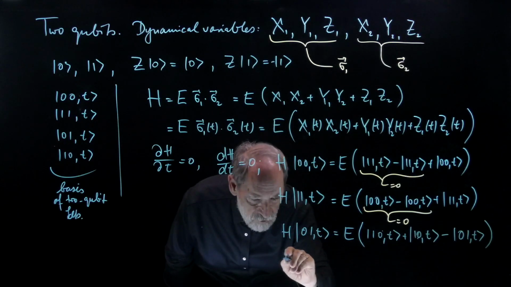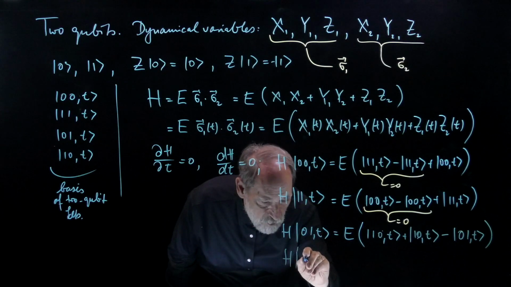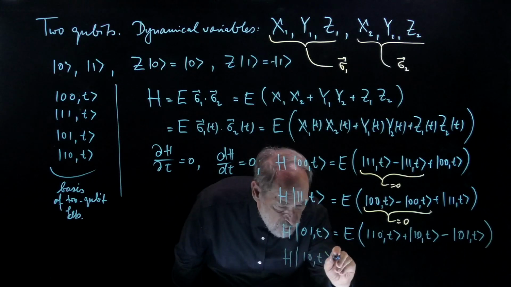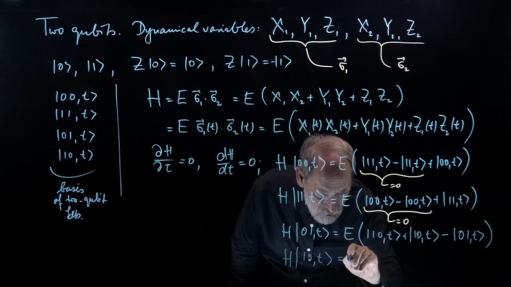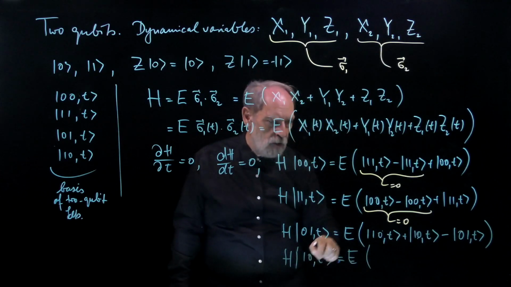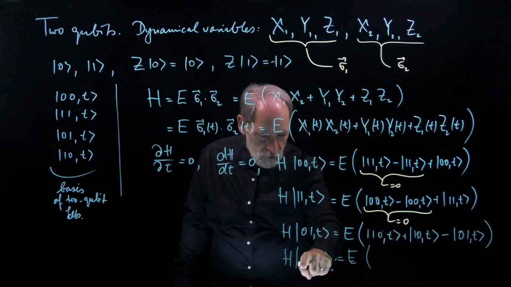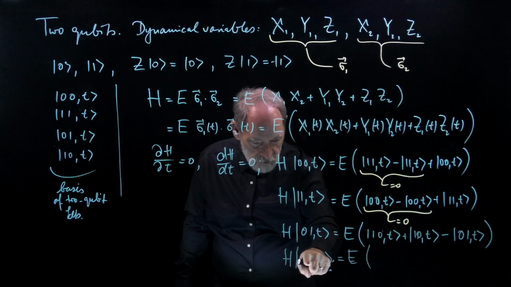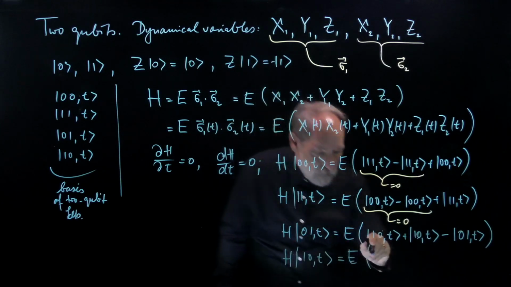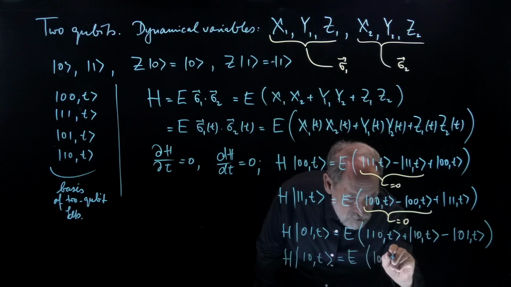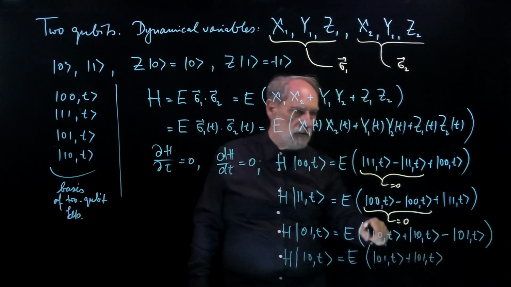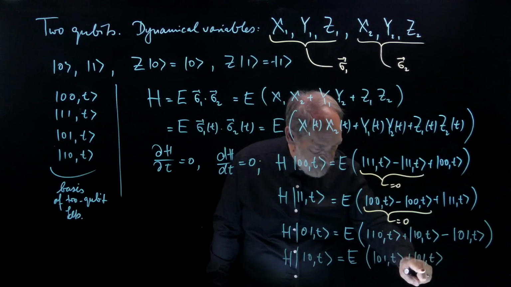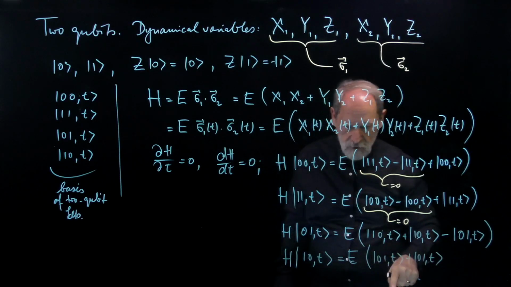And likewise, if we begin with the |1,0⟩ state and apply the Hamilton operator to this ket, we have the energy times, and now x and y convert |1,0⟩ to |0,1⟩ at time t and |0,1⟩ at time t. Again, there is a plus i and a minus i combining into plus 1.